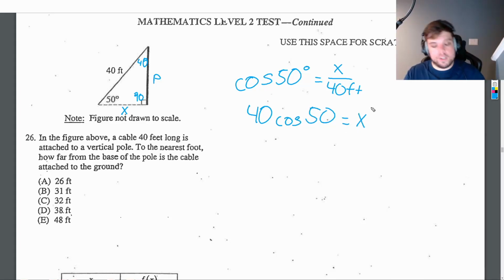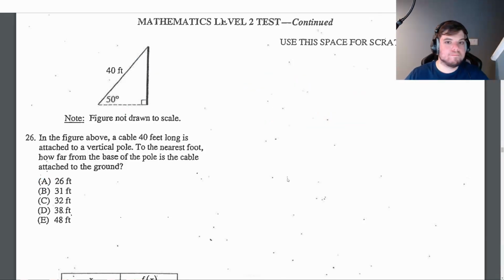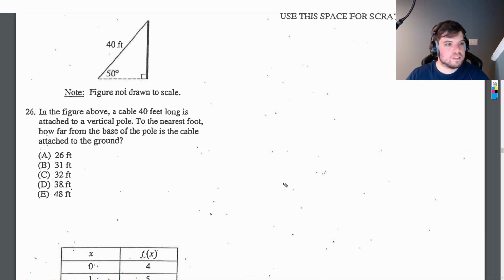Make sure your calculator's in degrees, and go about doing 40 cos 50. 25.71. Which means I'm going to guess that the answer is A. Well, it's more than a guess. But very good. Faster way to do this.